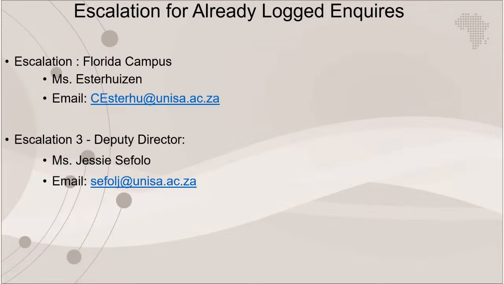She is online. We hardly escalate to escalation 2 and 3 because we are able to resolve inquiries within escalation 1 and on the floor. However, if we have challenges that we are unable to resolve in our space, then we escalate it to the relevant managers and our deputy director.